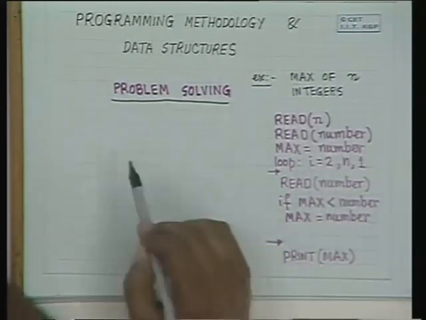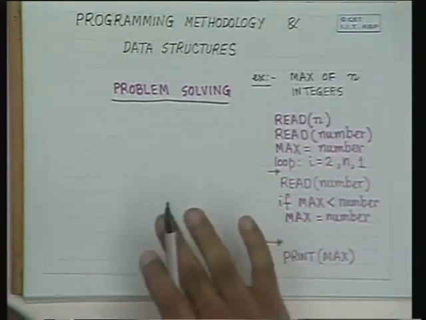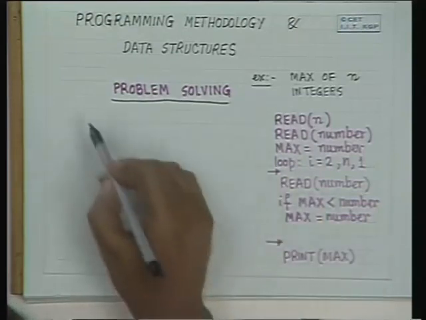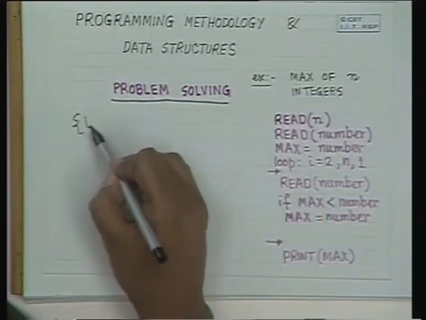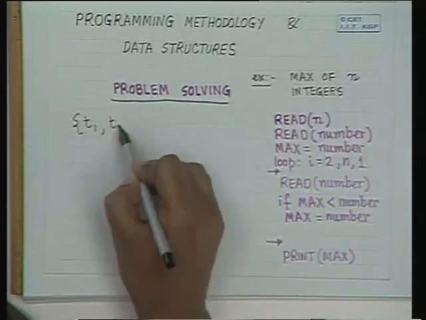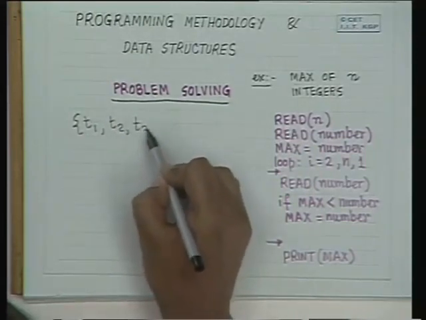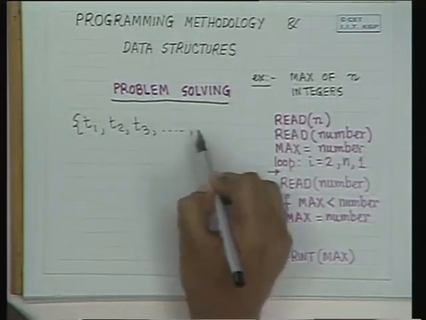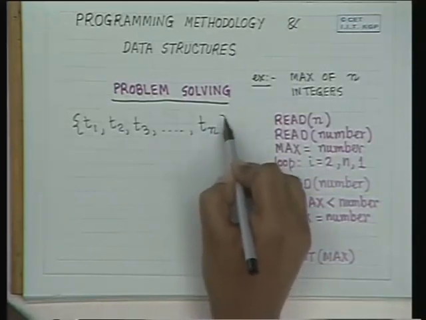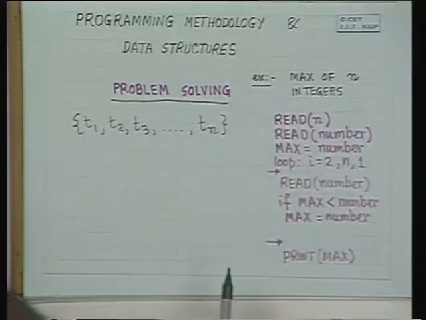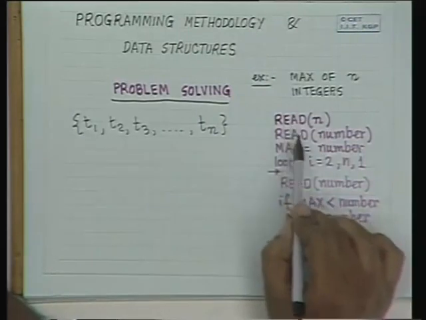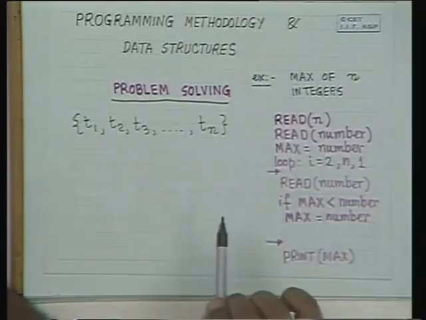Let us take a deeper look at how we solved this problem. If you take it from a mathematical or a diagrammatic point of view, you were given n numbers, T1, T2, T3 and so on, Tn. And what was the problem solving approach here?